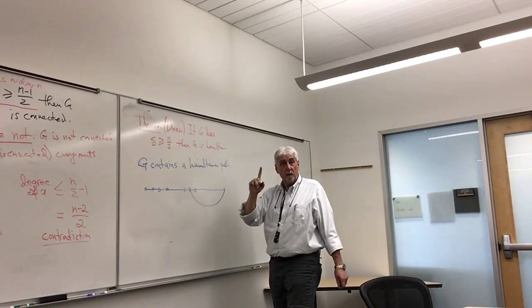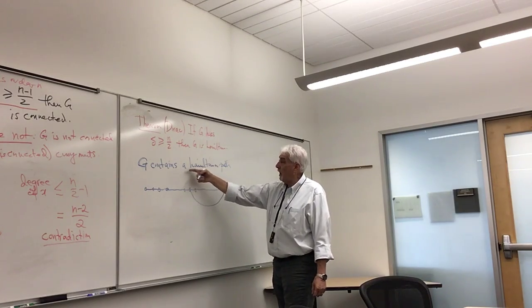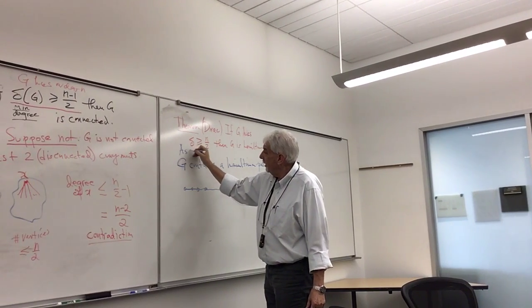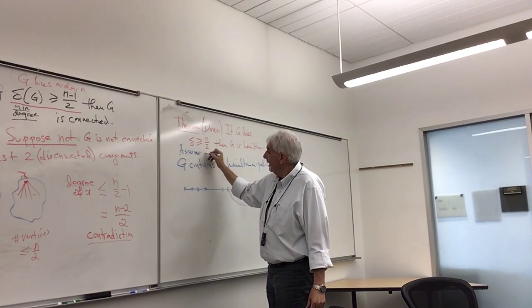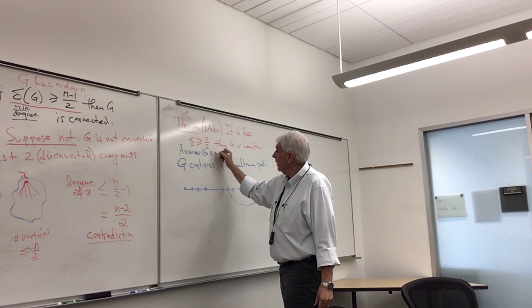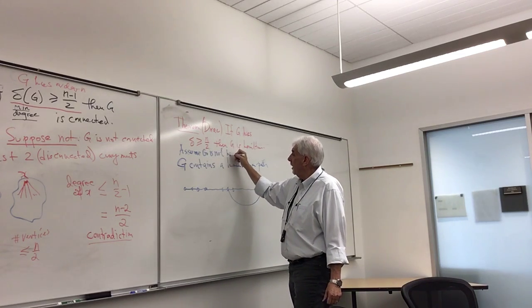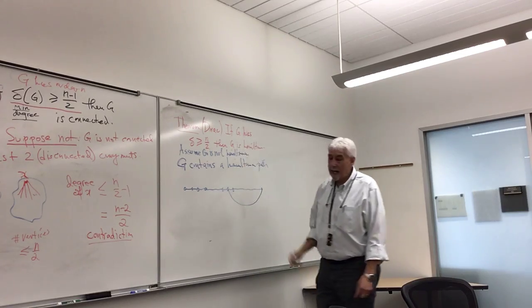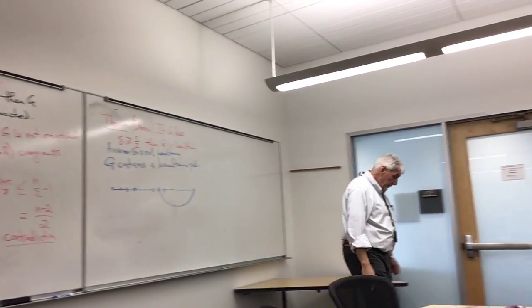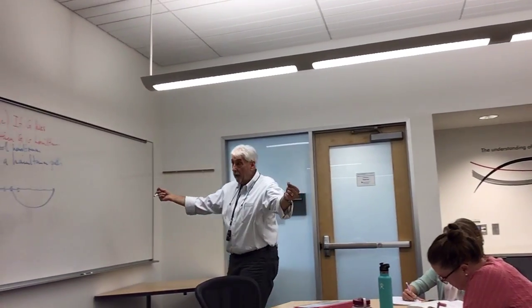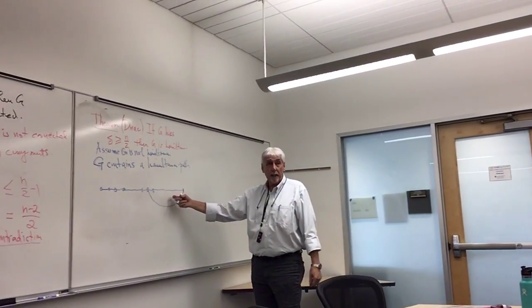First of all, before I forget, I want to assume, to the contrary, assume G is not Hamiltonian. So there is no Hamiltonian cycle. But by the previous result, we know that it contains a Hamiltonian path, so G is traceable.